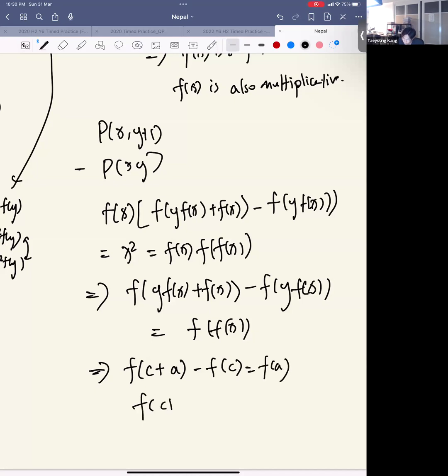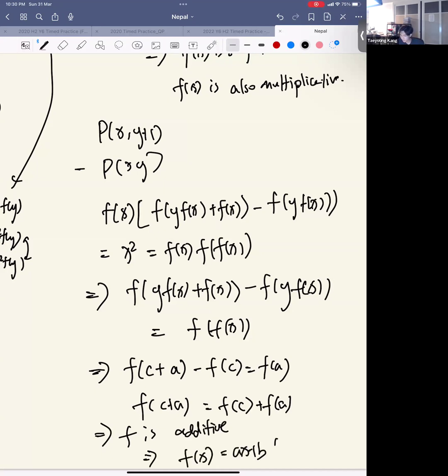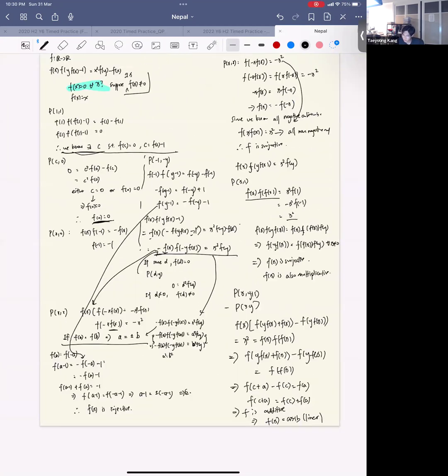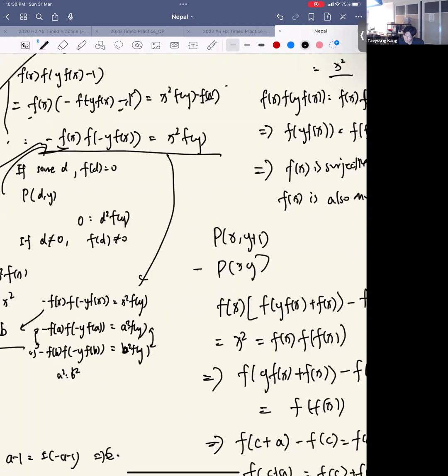So f(c + a) is equal to f(c) plus f(a), which implies that f is additive. So f(x) equals ax + b, linear. And if you substitute it back into our original equation, we'll get that f(x) is equal to x.